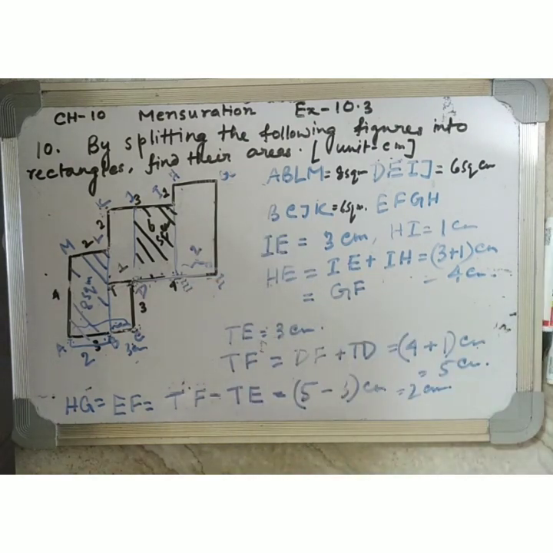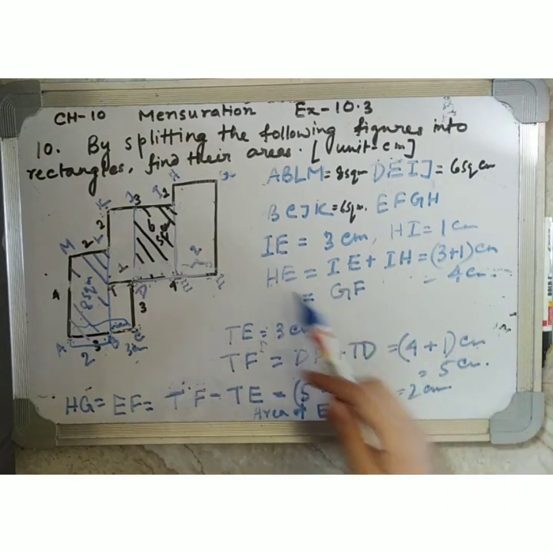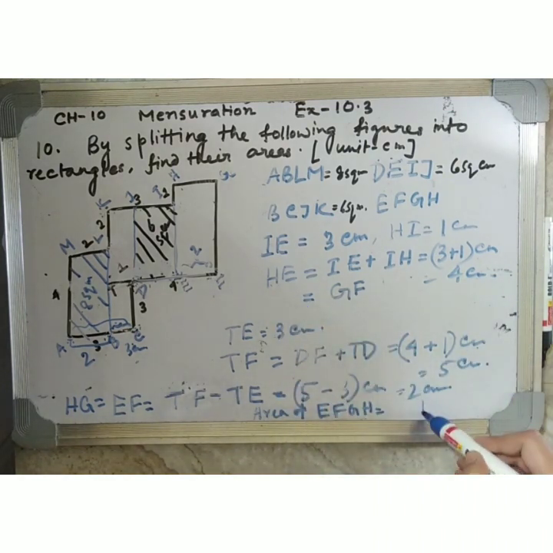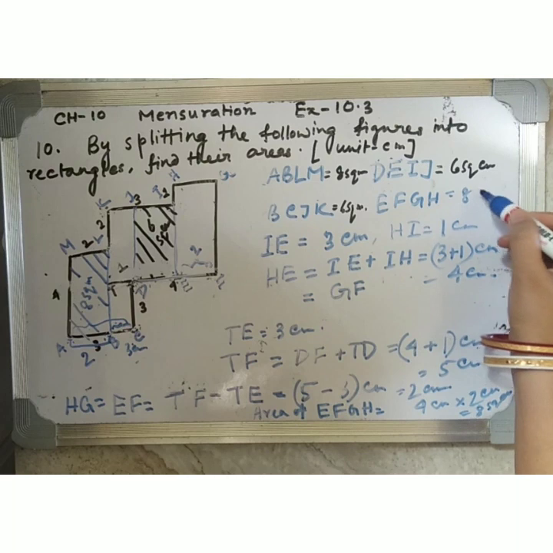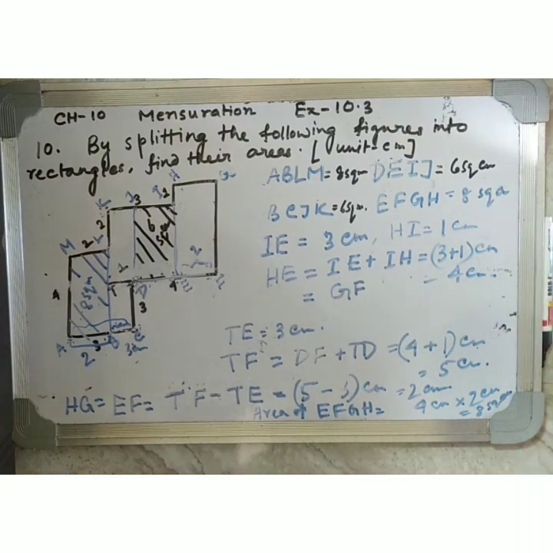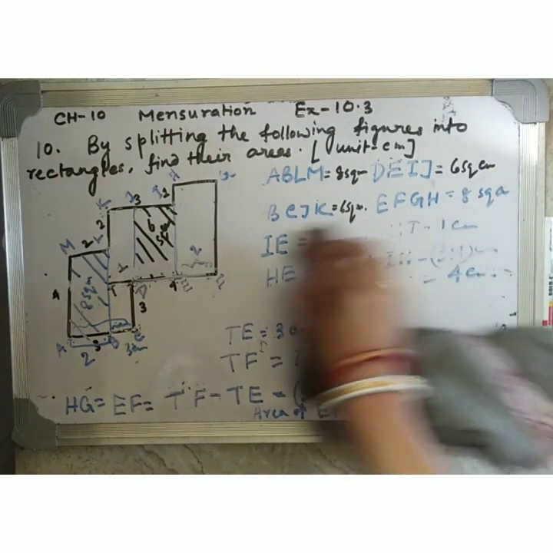Now how to find the area of it? So we will write area of EFGH will be equal to, see, HE was of length 4 centimeter and GH is of length 2 centimeter. So the area will be 8 square centimeter. So here also we can write 8 square centimeter. Now how to find the area of the total figure?